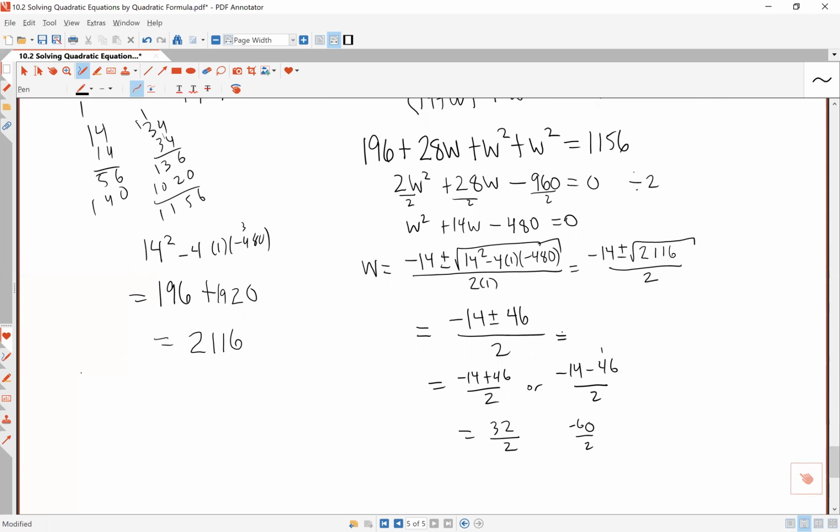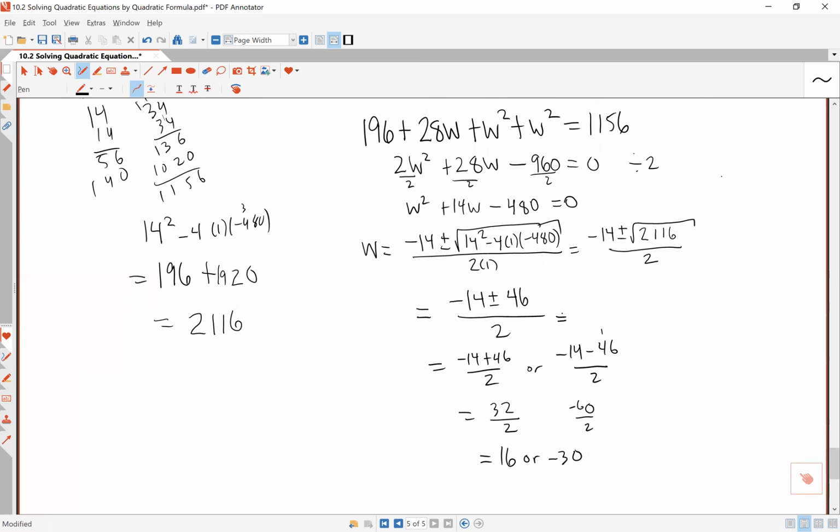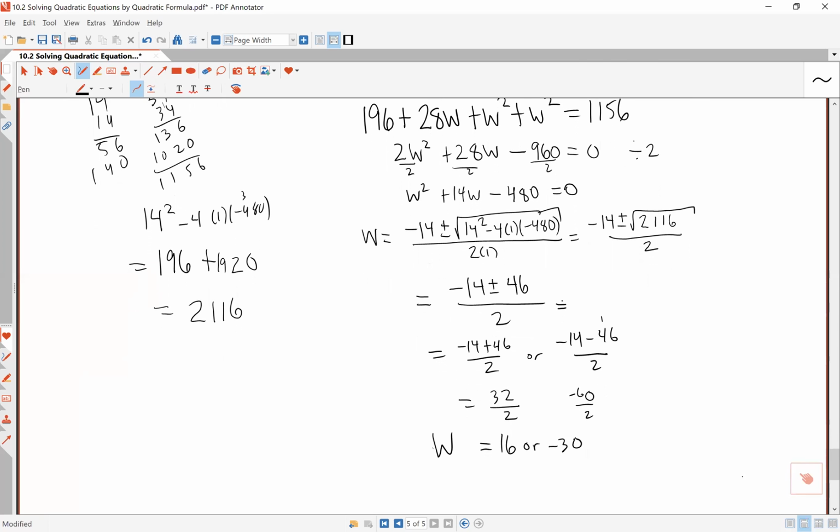So we get 16 or negative 30. So these were the proposed widths. We know that widths are never negative.